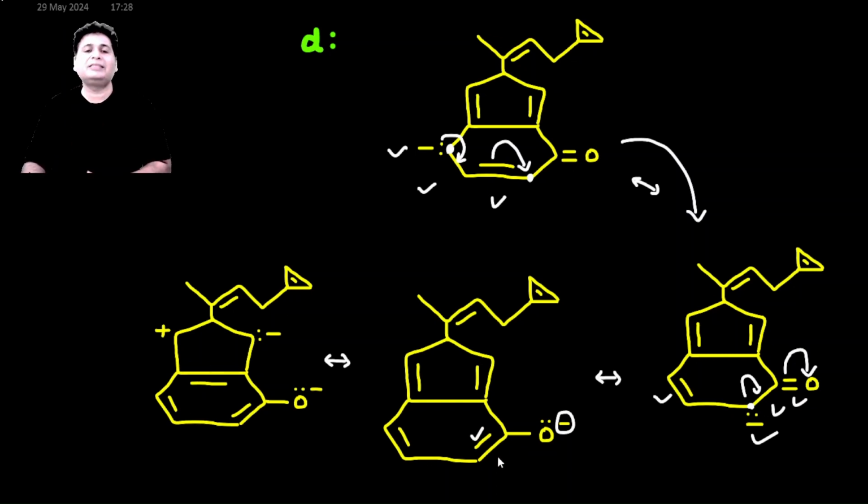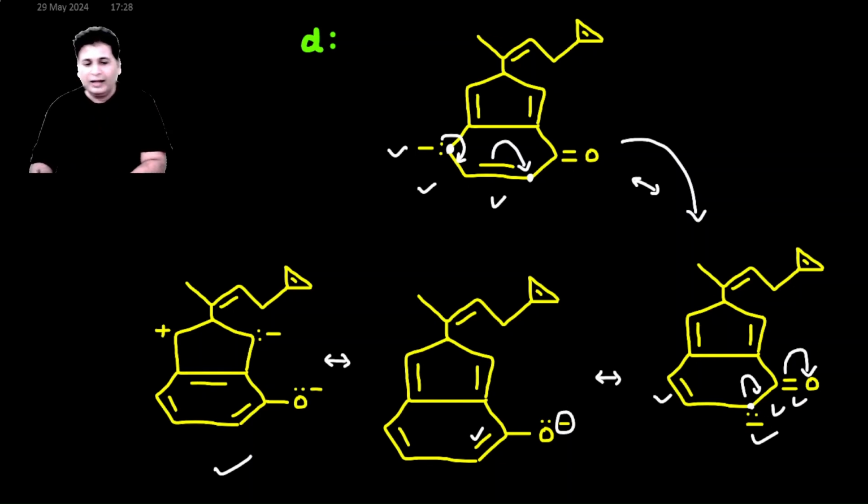After this has happened, what I have tried to show you in the next resonating structure is that there is a possibility of getting an aromatic resonating structure, a resonating structure with a benzene ring. How?